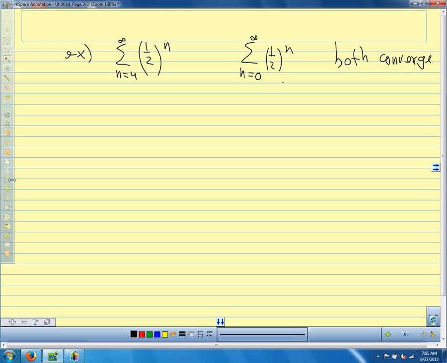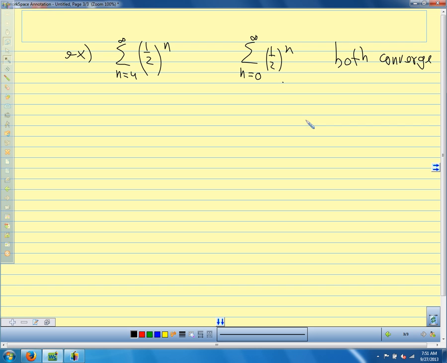So I'm not going to write out all those properties, but we can add and subtract limits, and we can also multiply a limit by a constant. So if we multiplied this convergent series by a constant to find the new sum, we would just multiply the limit by a constant. So we can do some arithmetic with limits.